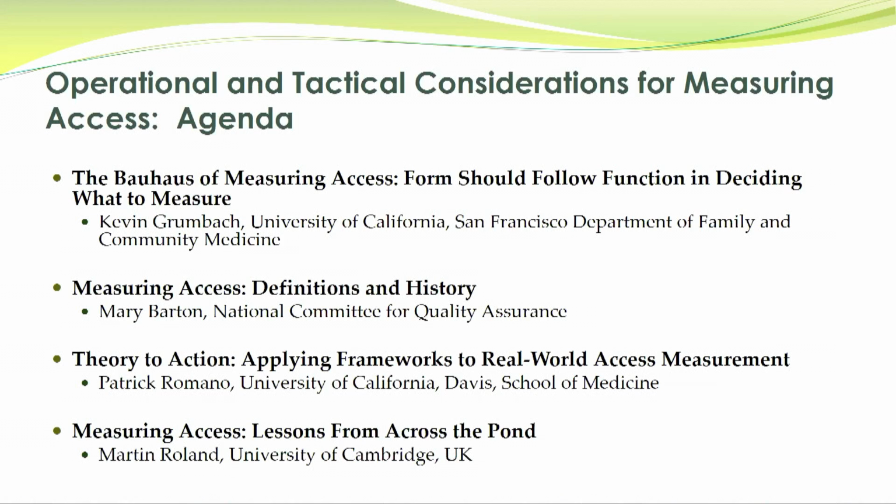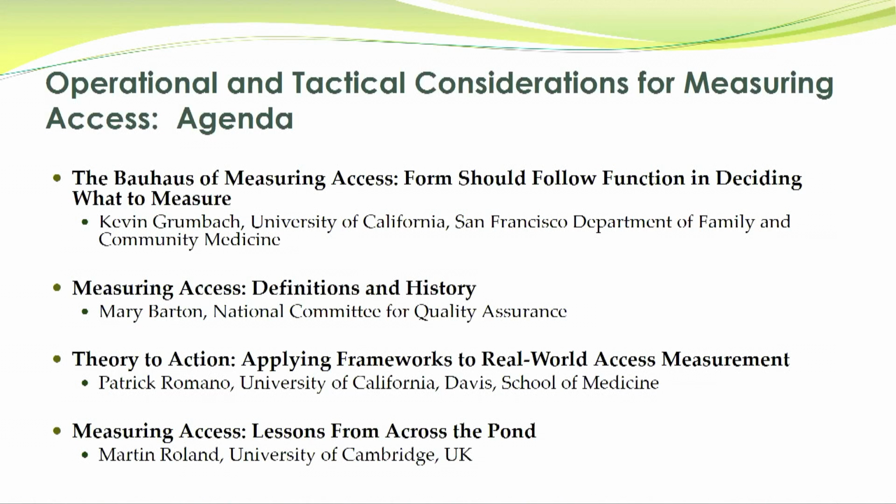We have Mary Barton, who is a vice president at the National Committee for Quality Assurance, or NCQA. So we have a perspective on very large-scale integration of organizations for measurement. We have Patrick Romano from the University of California, Davis School of Medicine and Pediatrics as well.